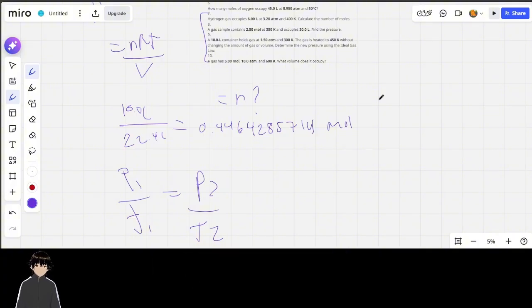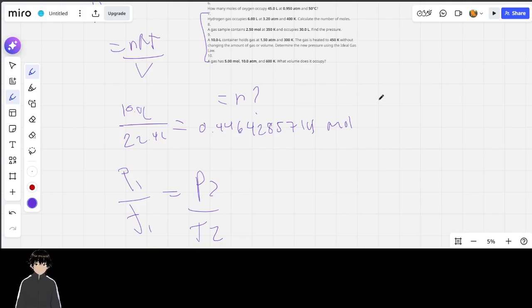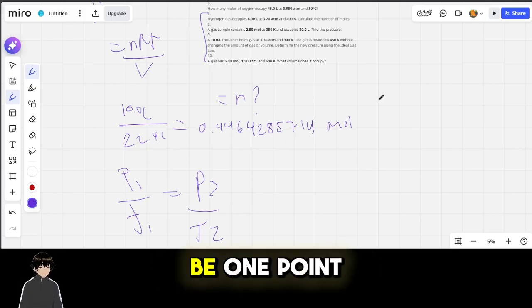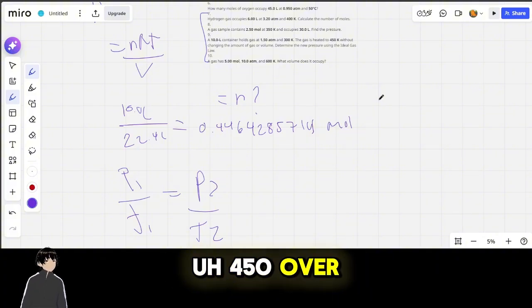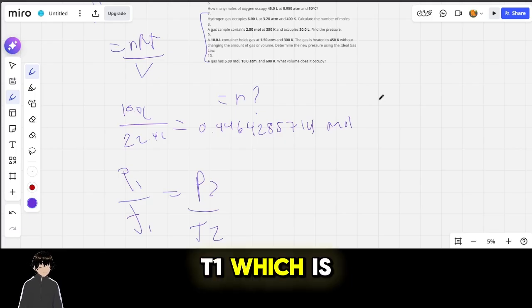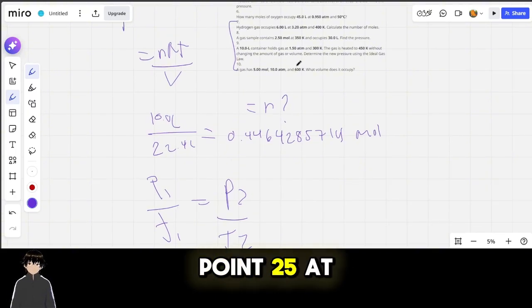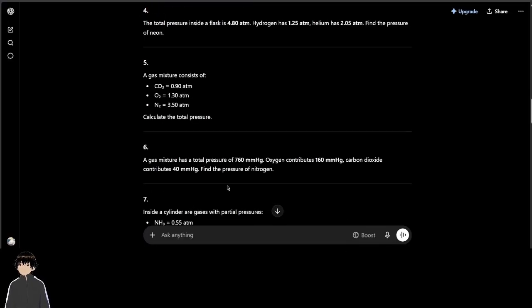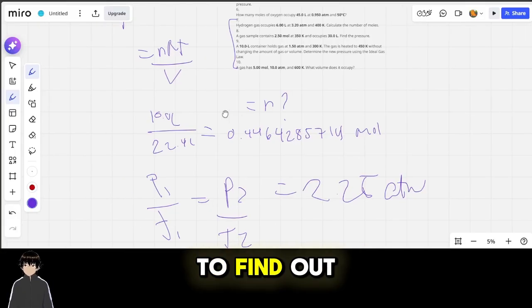We're trying to find the new pressure, so P2 is P1 times T2 over T1. That's 1.50 times 450 over T1, which is 300 K. So we have 2.25 atmospheres. Yeah, that's 2.25 atmospheres.